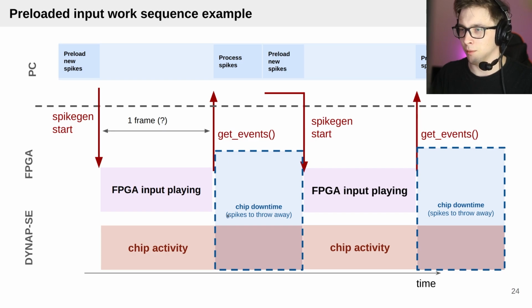Then you have some sort of downtime of the chip where you don't really use the response, but the chip doesn't stop. This is the point I'm trying to convey. It's the constantly active dynamical system on the chip that never stops, unlike the digital accelerators.